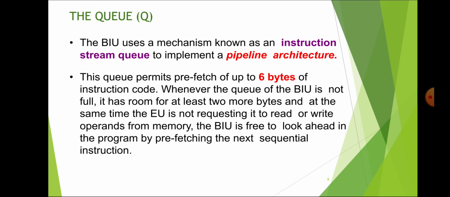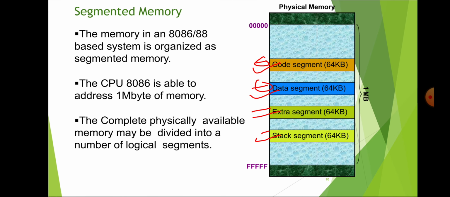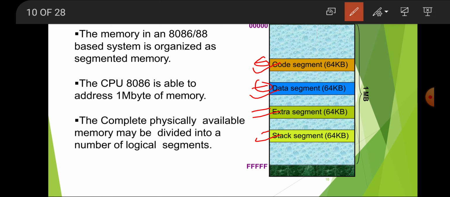Again we will go to that slide. Here are the code segment, data segment and extra segment, each having 64 KB. Suppose you want to access some internal information from the code segment; there are addresses inside the code segment.